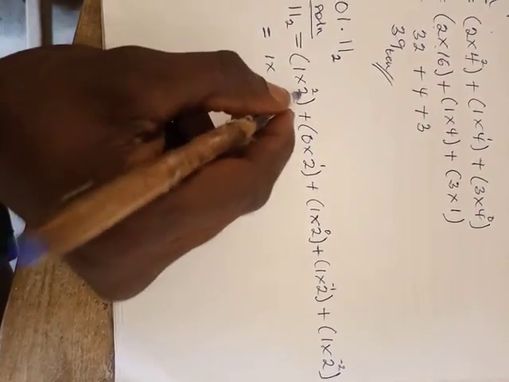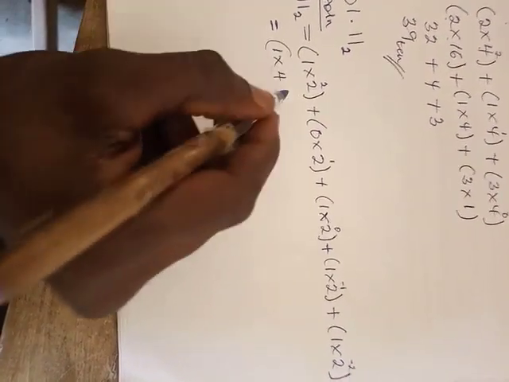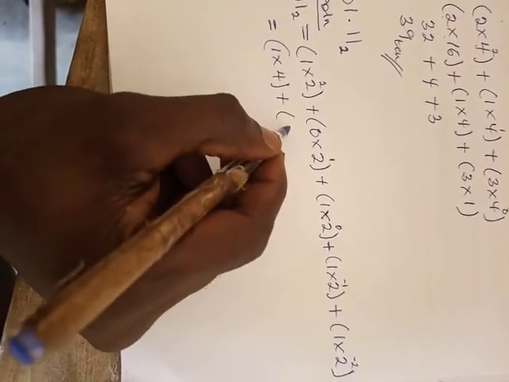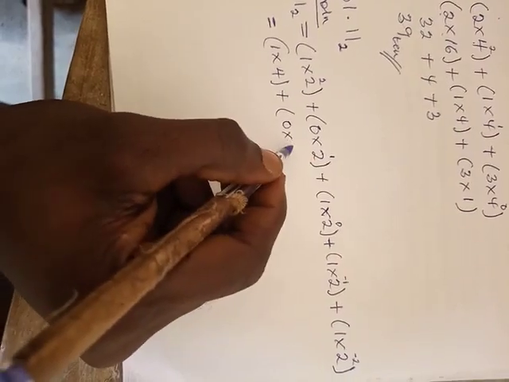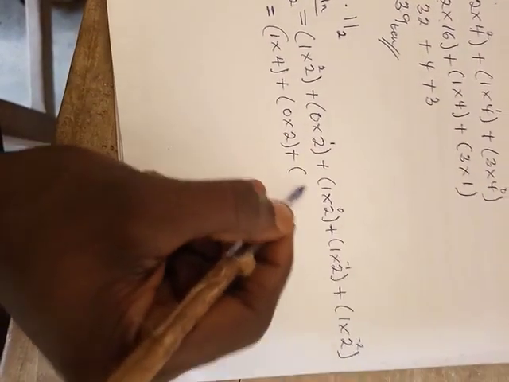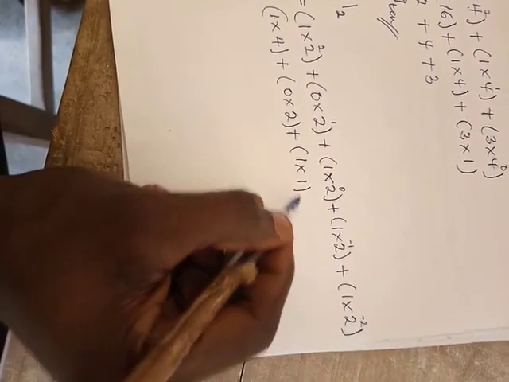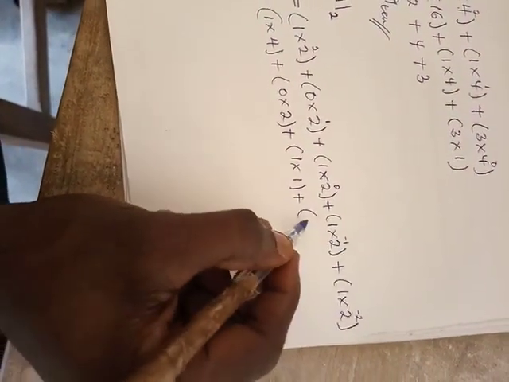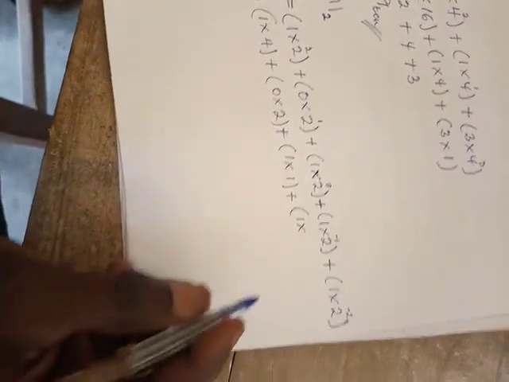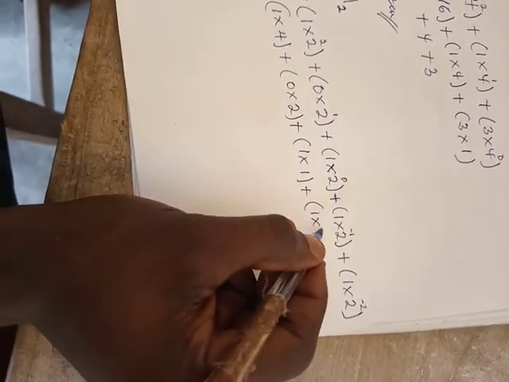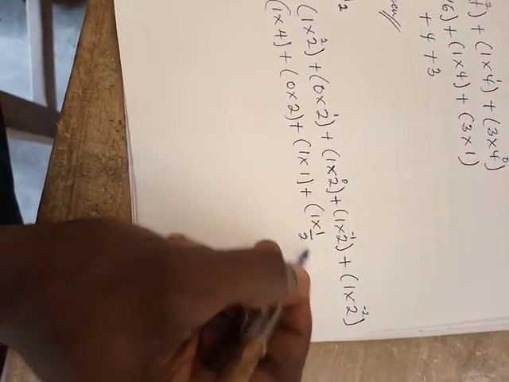So we have 2 squared, which is 4. 2 raised to the power 1 is 2. 2 raised to the power 0 is 1. 2 raised to the power -1 is the same as 1 over 2.